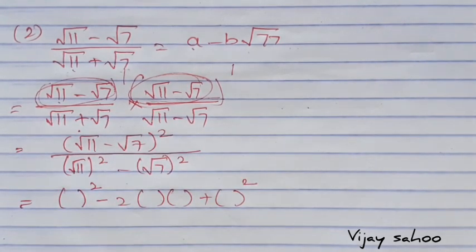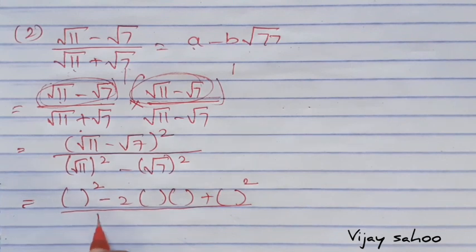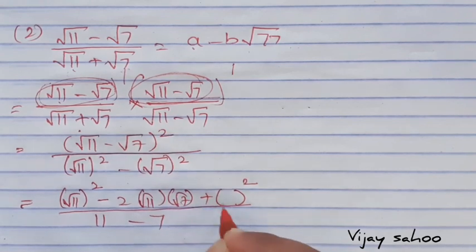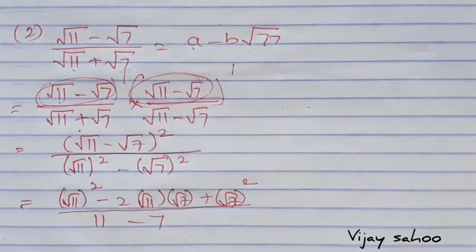This identity you have already studied in lower standard, that is in 8th standard. x minus y whole square is x square minus 2xy plus y square, and denominator it will be 11 minus 7. So here I will write root 11, root 11, root 7, root 7.